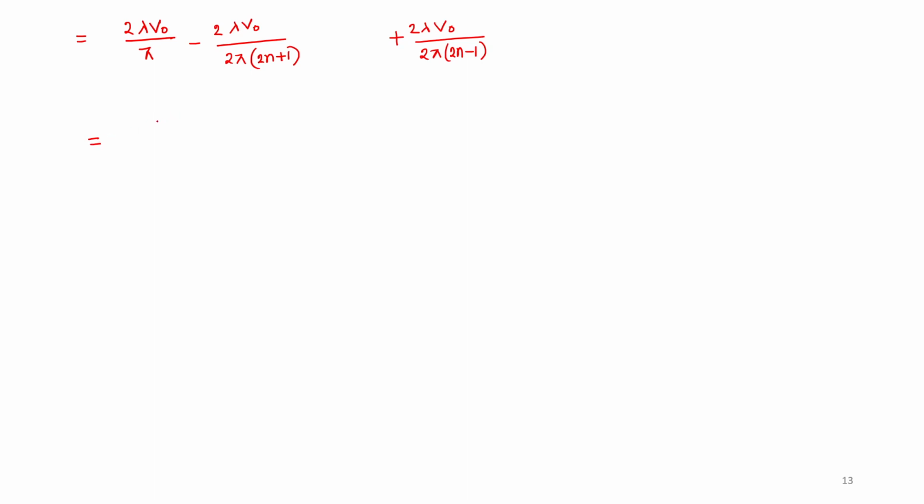So we can take common 2 lambda v0 by pi, and what we will get? 2 lambda v0, 1 minus 1 by 4n plus 2 plus 1 by 4n minus 2.